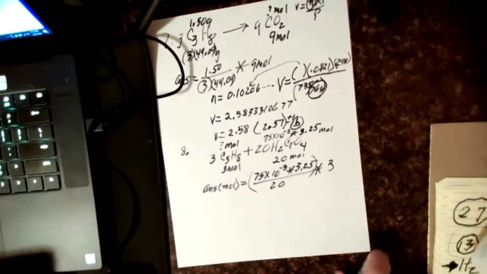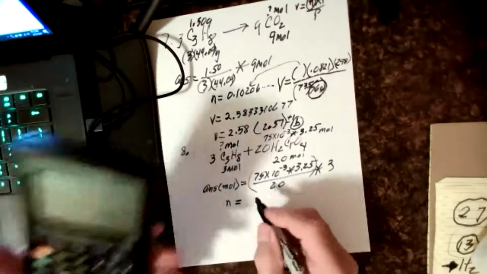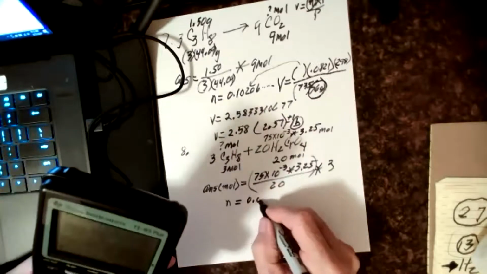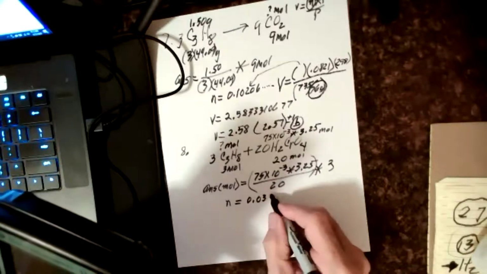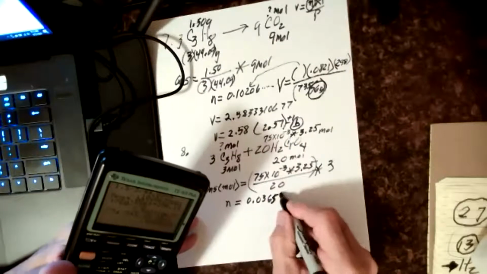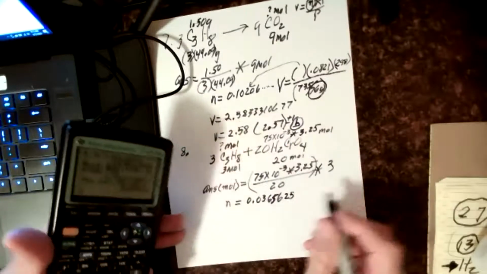Okay, so I'm coming out with the number of moles equal to 0.0365625. That's all the digits.